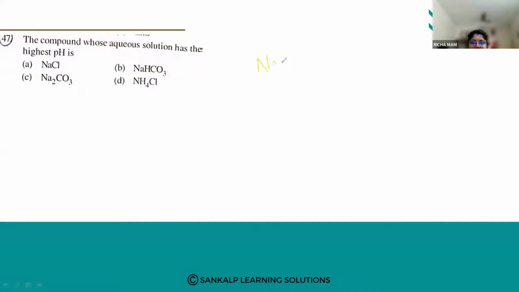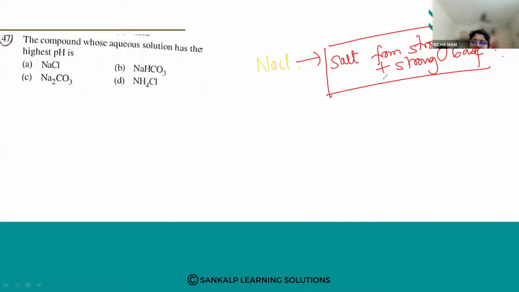So when we see NaCl, what is NaCl? It is a salt obtained from strong acid and strong base. So when HCl and NaOH combine, what are you going to get? NaCl. So when strong acid and strong base are dissolved, your solution will turn neutral.